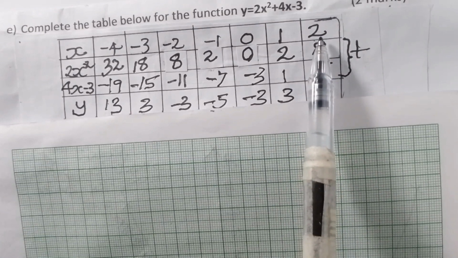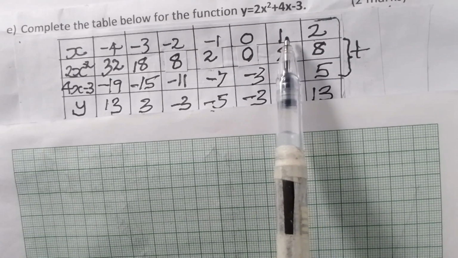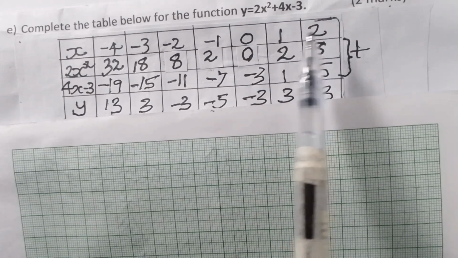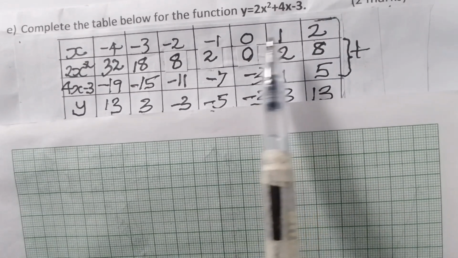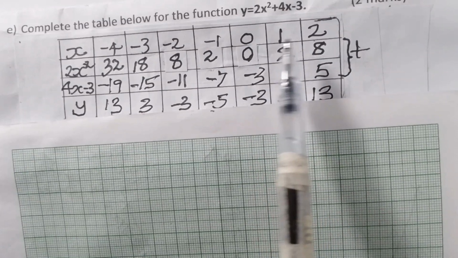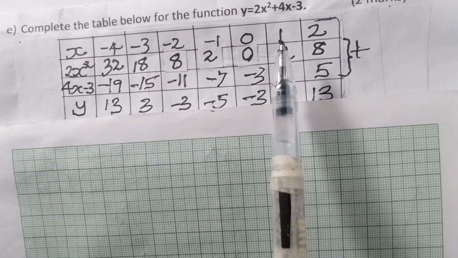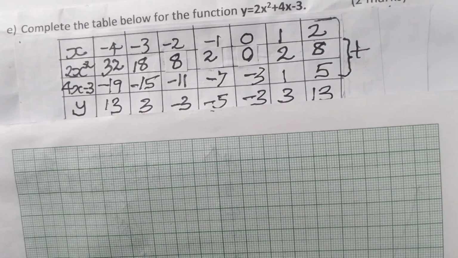So on the x-axis, if we pick a scale of 1 centimeter to represent 1 unit, it's going to be a condensed graph, a very small graph. And we want a graph such that it can occupy almost half the page that we are given.